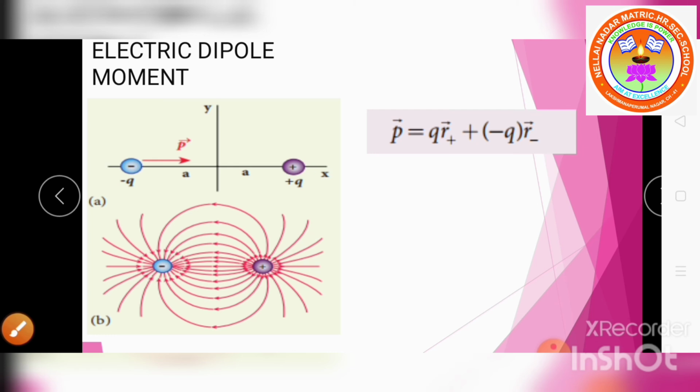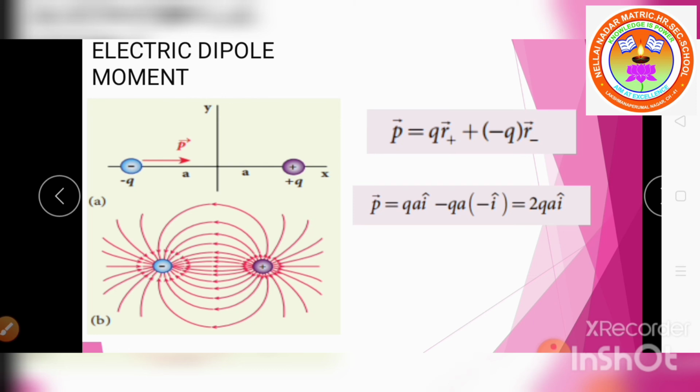The electric dipole moment is the product of the magnitude of the charge and the distance between them, and that is how we derive it. So P vector is equal to Q times r positive vector plus minus Q times r negative vector.